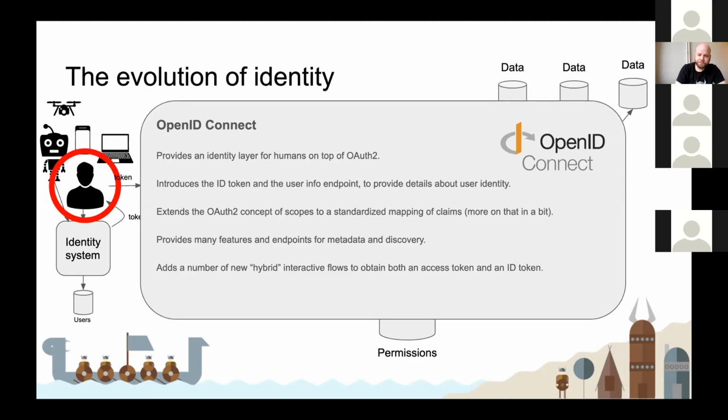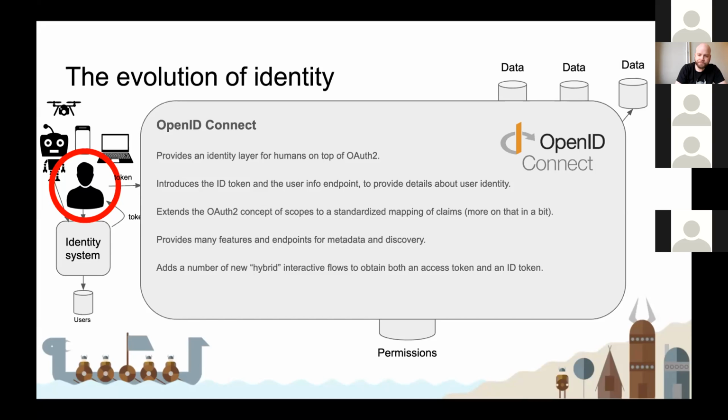What OpenID Connect adds to OAuth is, among other things, an ID token and a user info endpoint, providing details on the user. So we have some standard claims, for example, saying a user has an email address or a phone number or a physical address. It's pretty standard stuff, but it's good to have a standardized way of dealing with that and not having to roll your own.